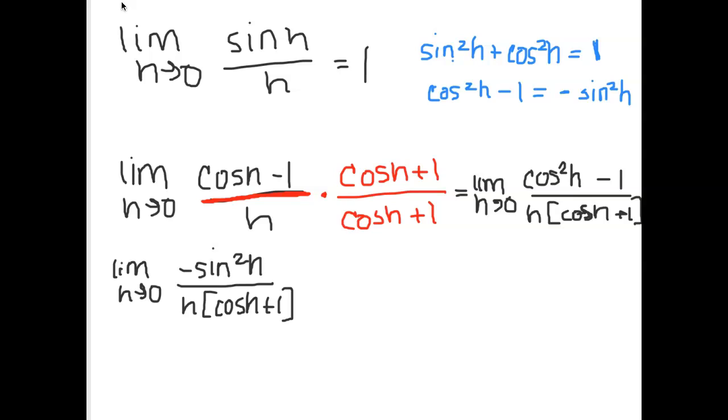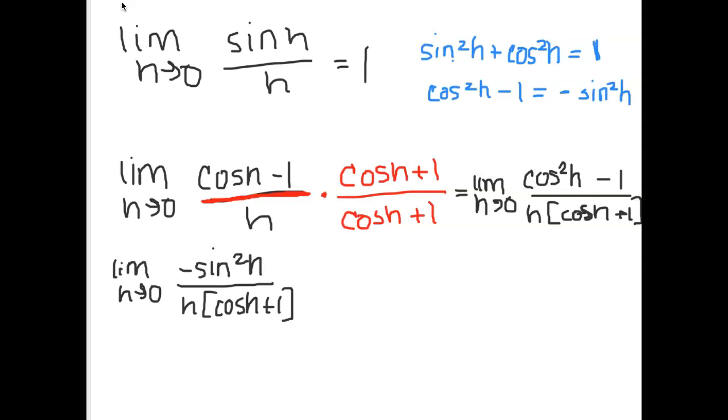And what could I do to my numerator? Isn't sine squared h really the same as sine h times sine h?